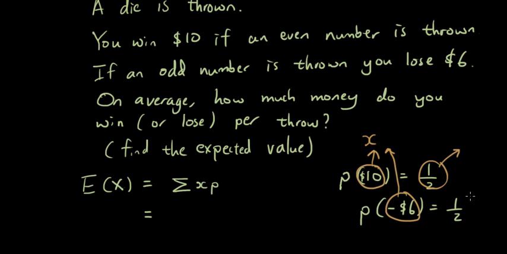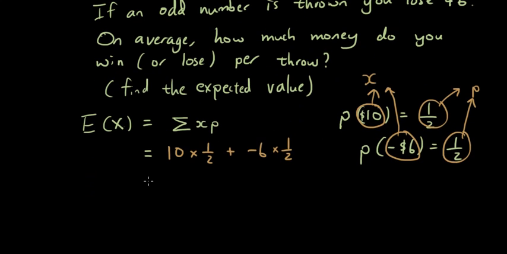And these are probabilities. So what you're going to do is multiply each x value by its probability. So 10 times a half, plus, that's what the sum symbol means, add them together, plus -6 times a half.